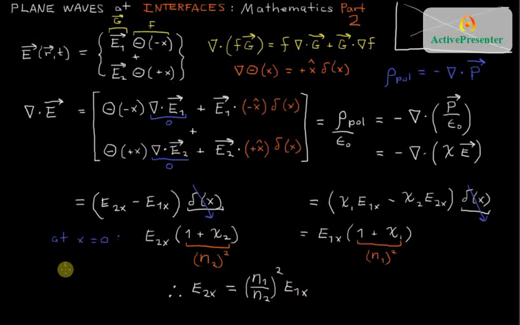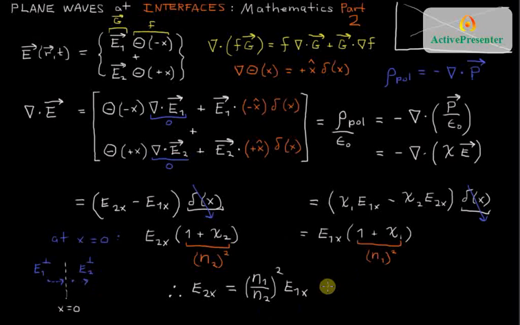And if I just quickly draw an interface and talk, as in the previous tutorial, about the electric fields, E1x pointing this way, E2x pointing this way, to get away from being specifically attached to calling them x's, I'll call these E1 perpendicular to the interface and E2 perpendicular to the interface.